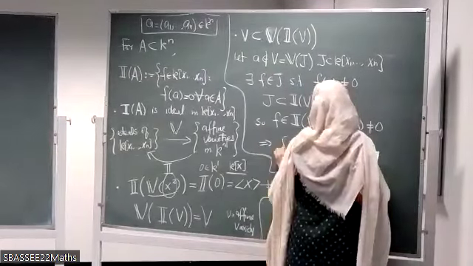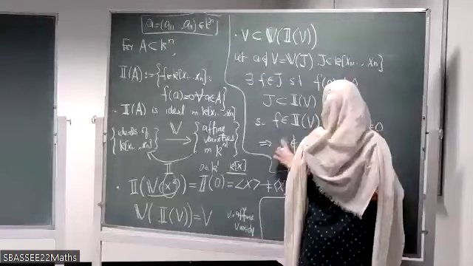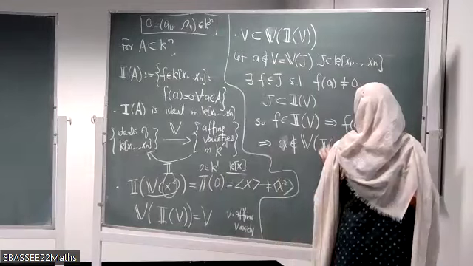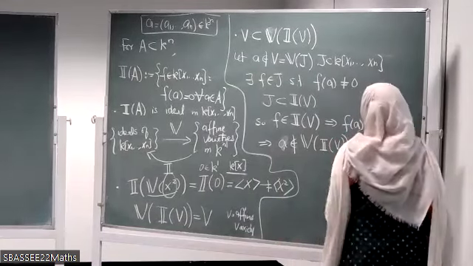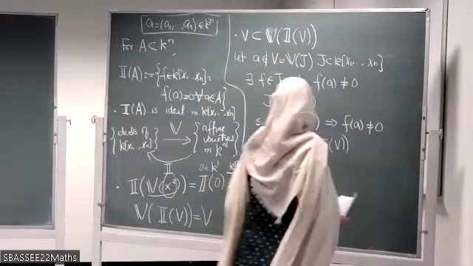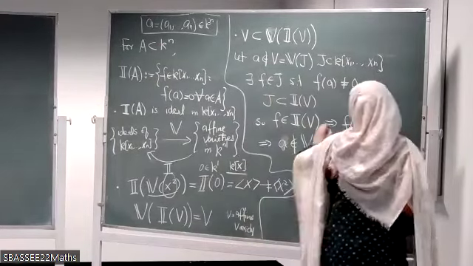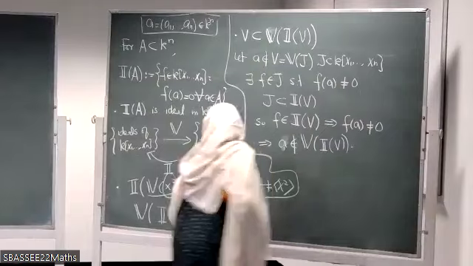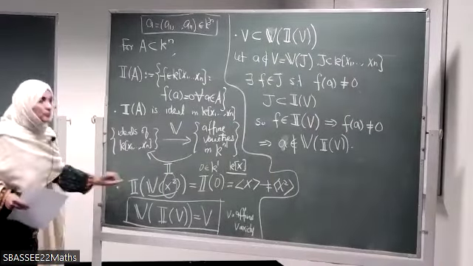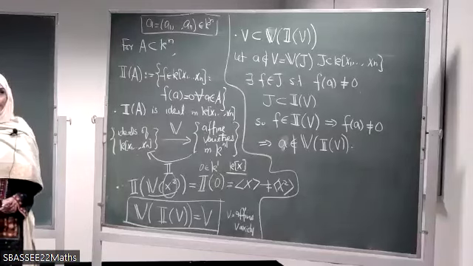So this means that A is not on this one. That's why you get that this relation holds, but generally this is not true in general.